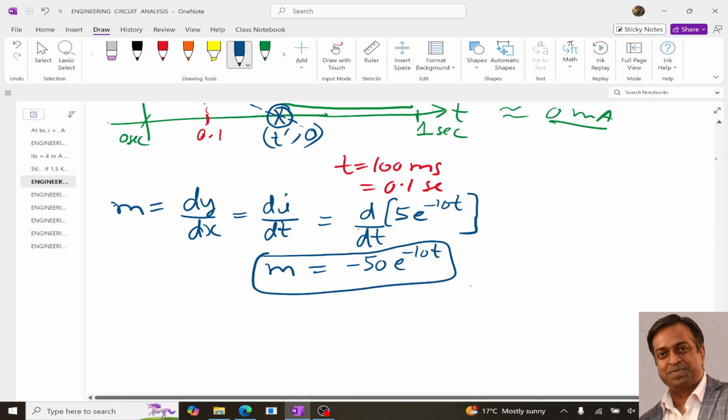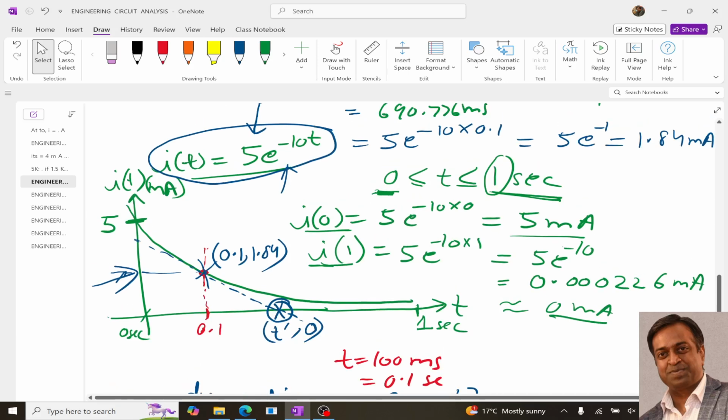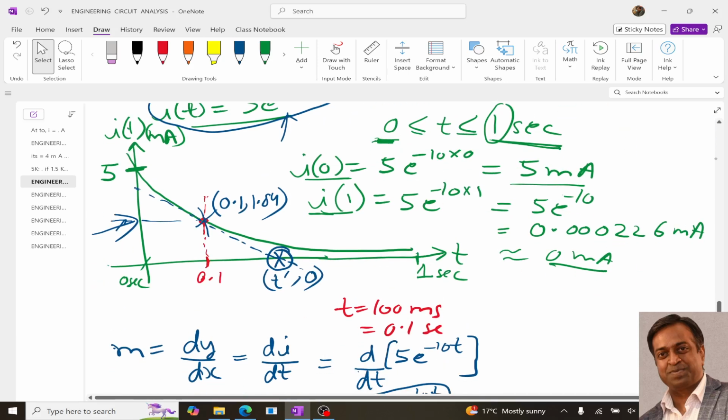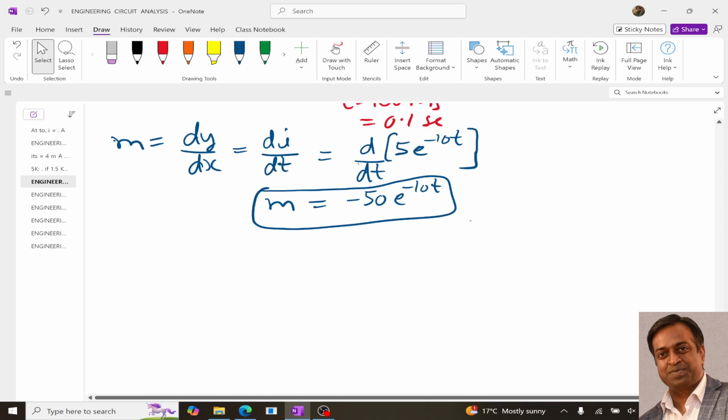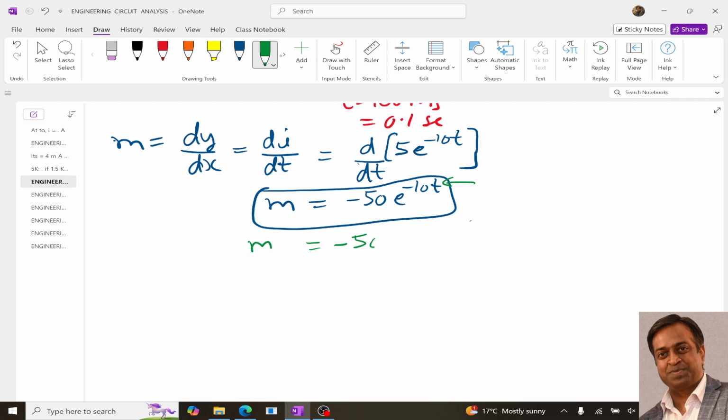Now since I want to determine the tangent at t equals 0.1 second, I will substitute this point t over here, so m will be minus 50 e power minus 10 into 0.1.